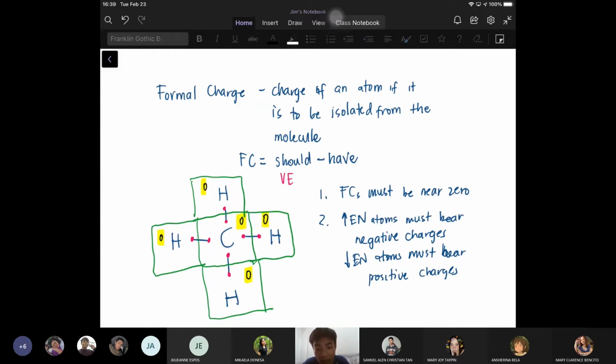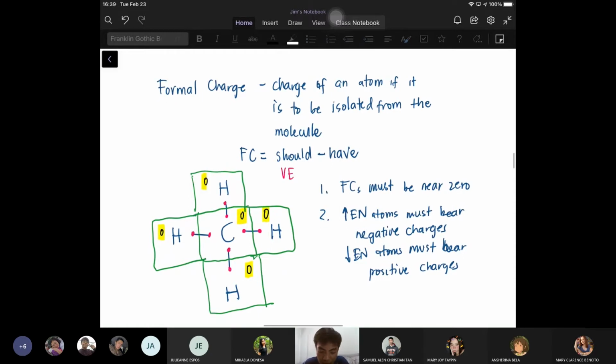Okay, so yan. So that is the charge of the atom when it is being isolated from the rest of the molecule. And the formula for formal charge is should minus half. No? Okay. So depending on the formal charge, you can either reject the molecule or pwede i-accept mo siya as the standard illustration for your molecule.